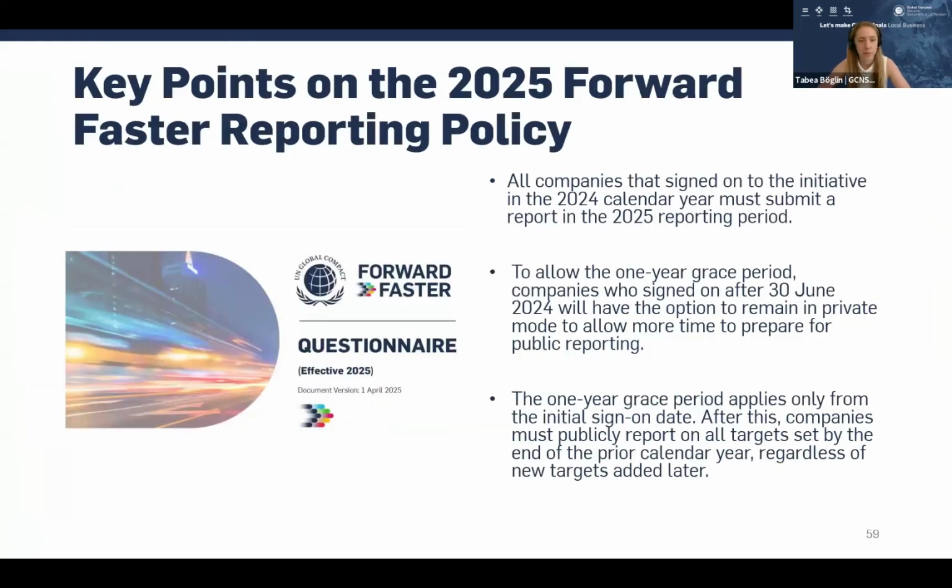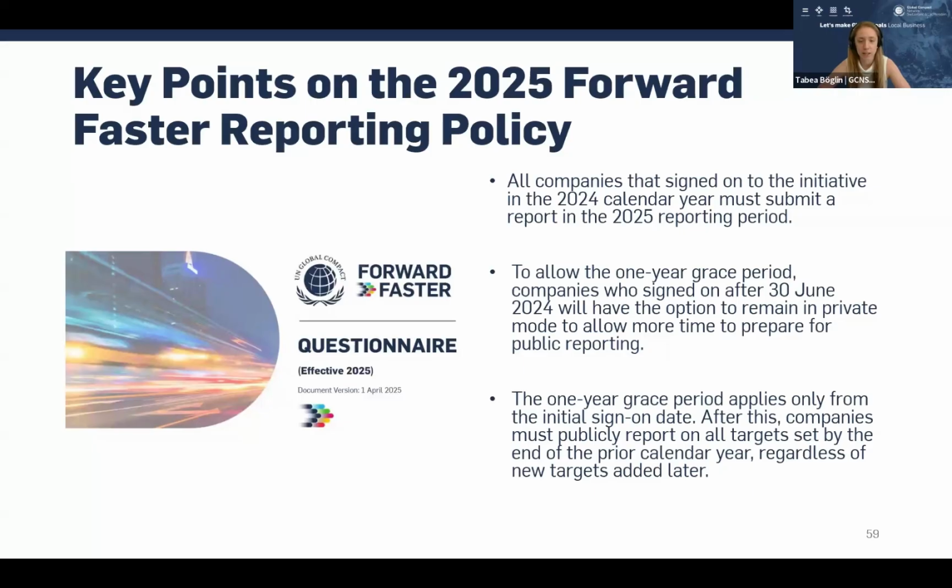Depending on whether you might choose to commit to one of the Forward Faster initiatives, that means that all companies that have signed on to the initiative in 2024 must submit a report in the 2025 reporting period. And we also have here, similar to the communication on progress that is not related to the Forward Faster reporting, a grace period.